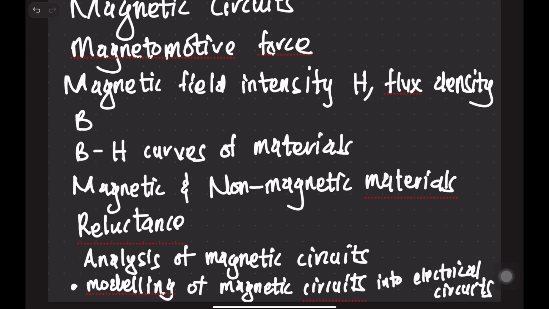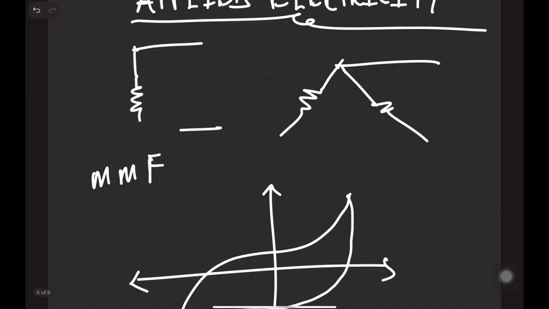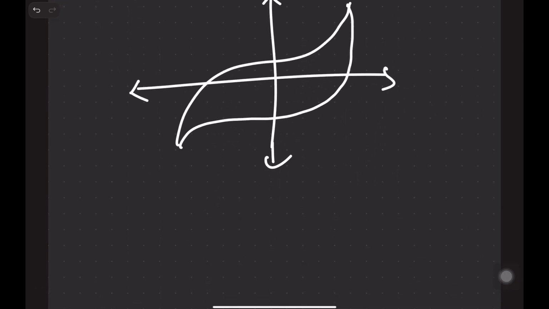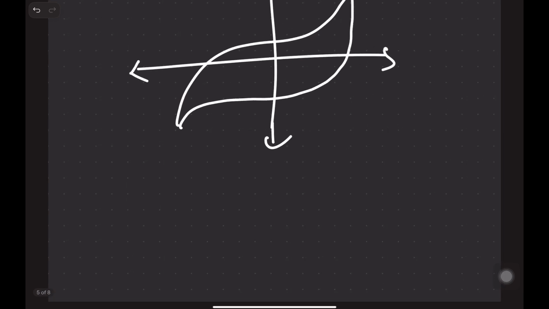So we talk about the BH curves of both magnetic and non-magnetic materials. Under magnetic materials, we discuss ferromagnetic materials, paramagnetism, and diamagnetic.